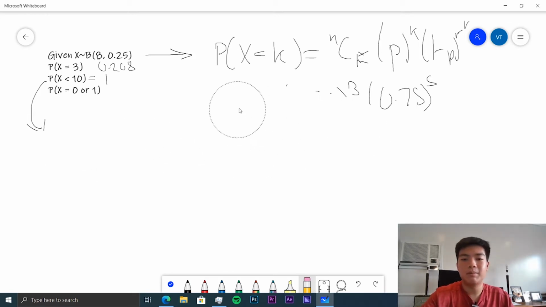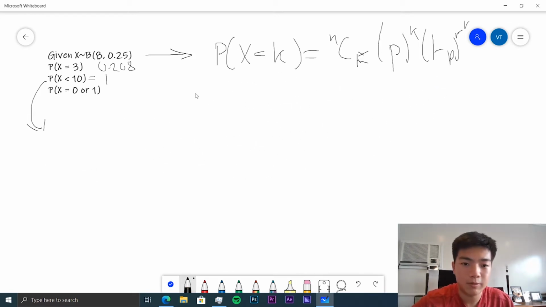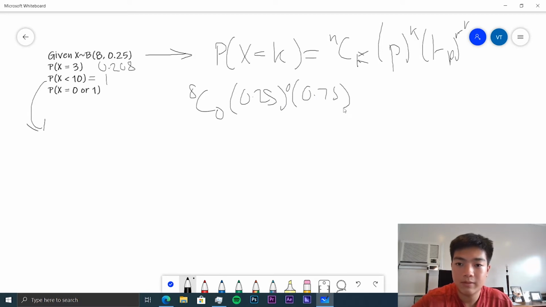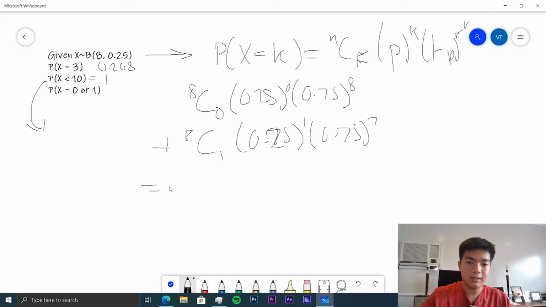Finally, the probability that the variable will be 0 or 1 is, of course, 8 choose 0 times 0.25 to the 0 times 0.75 to the 8, plus 8 choose 1 times 0.25 to the 1 times 0.75 to the 7.